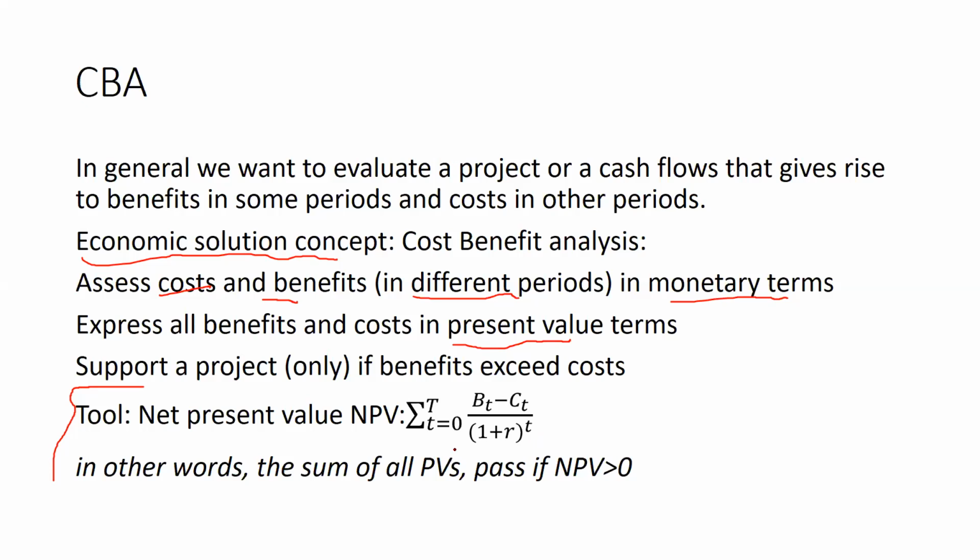So net present value is the sum of present values of net benefits. And a project passes our net present value test if the sum of all these present values is greater than 0. Questions so far?